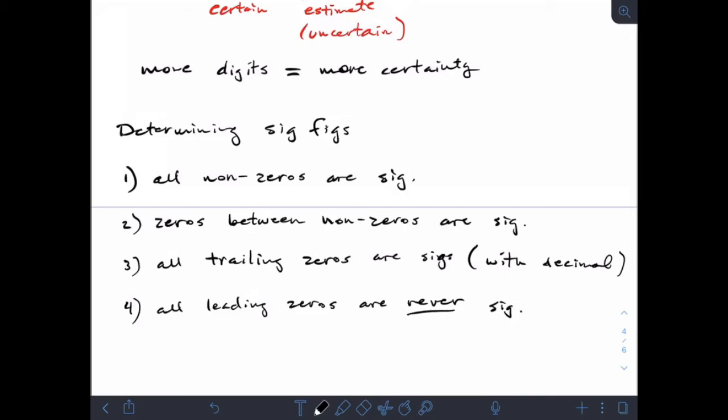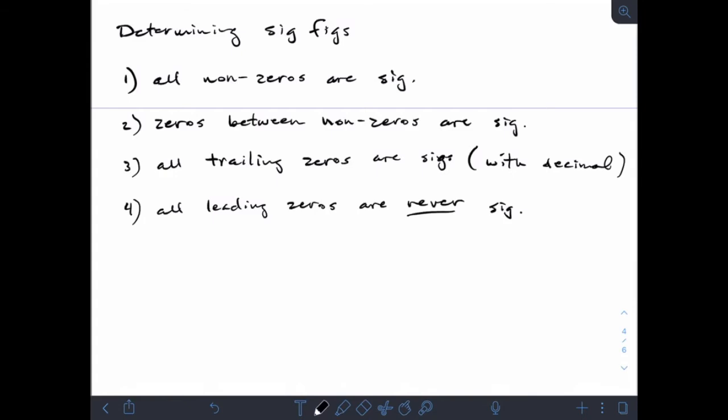All right, so let's talk about that caveat of trailing zeros with the decimal. If I have the number 75000 with no decimal place anywhere, all non-zeros are significant, so the 7 and the 5. Trailing zeros are significant with a decimal.